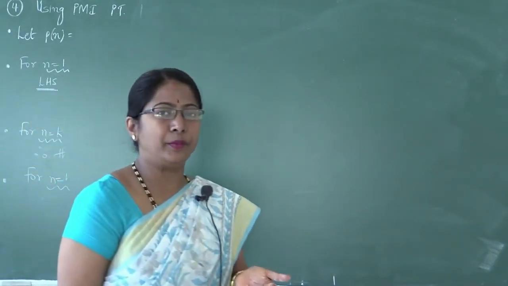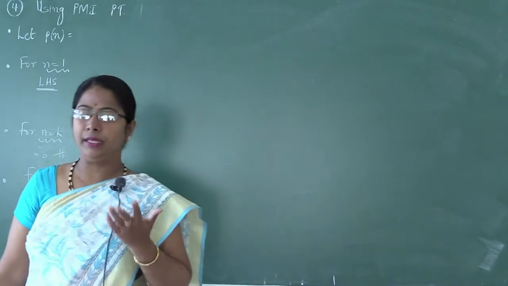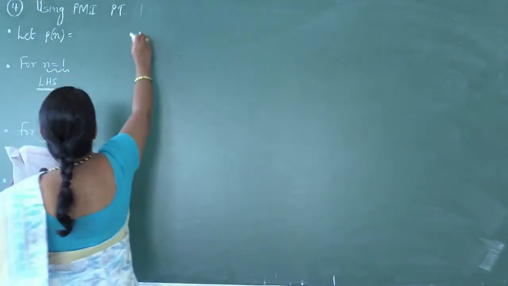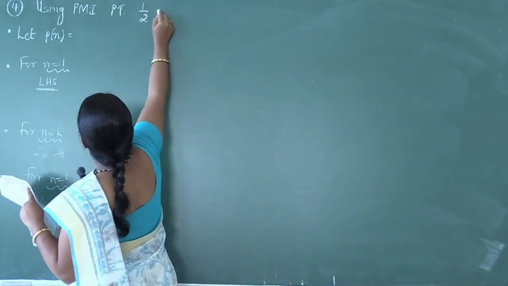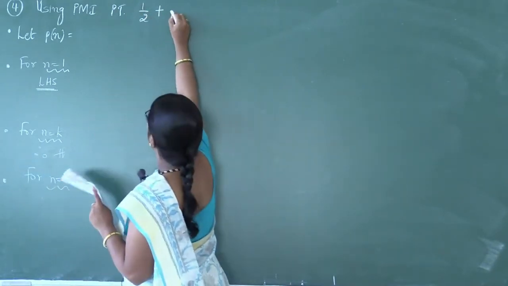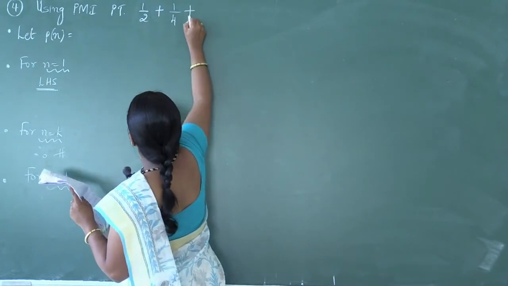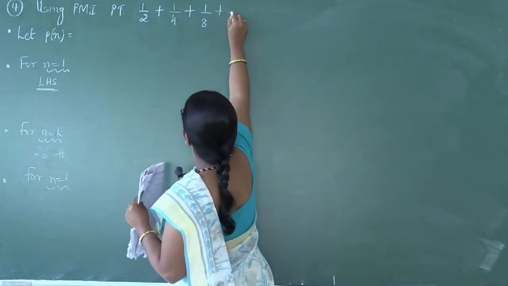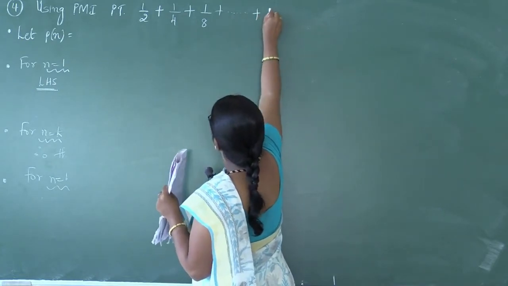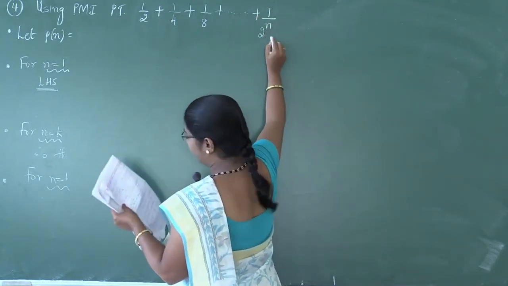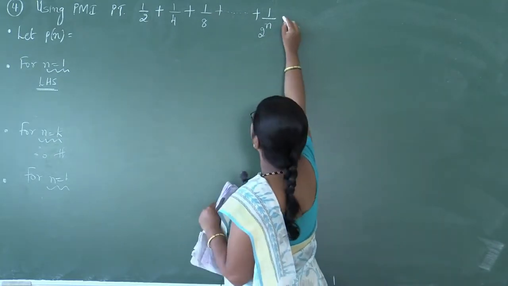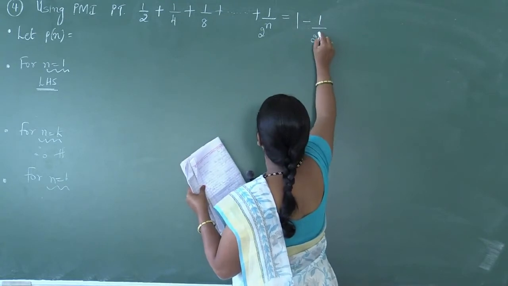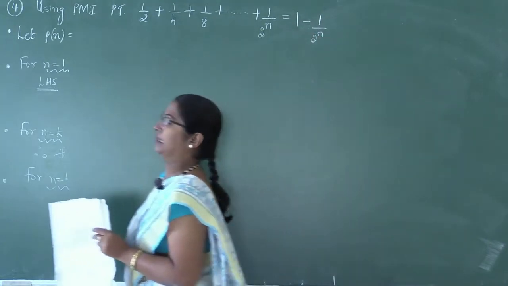Moving on to the fifth problem, using PMI, prove that 1/2 + 1/4 + 1/8 + etc. + 1/2^n is equal to 1 - 1/2^n.